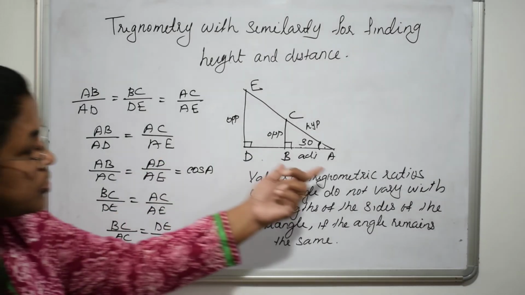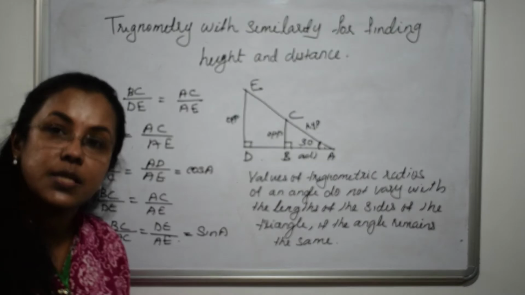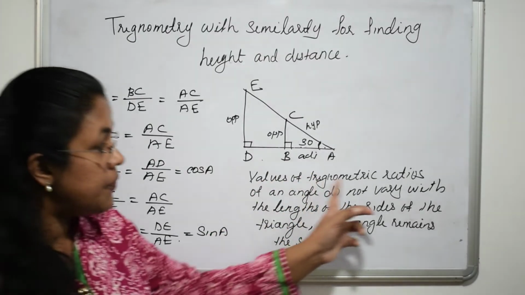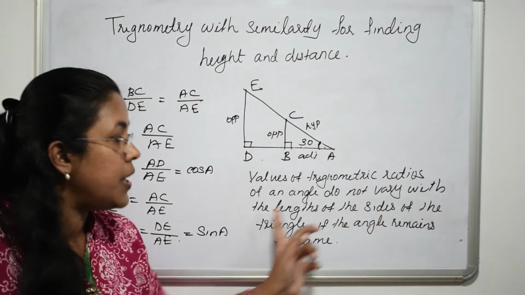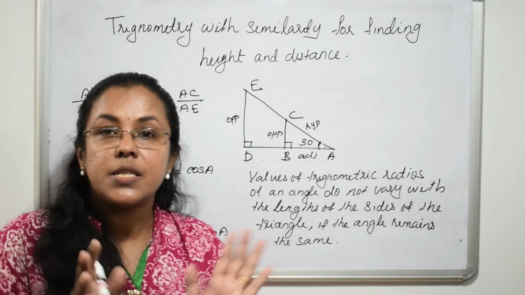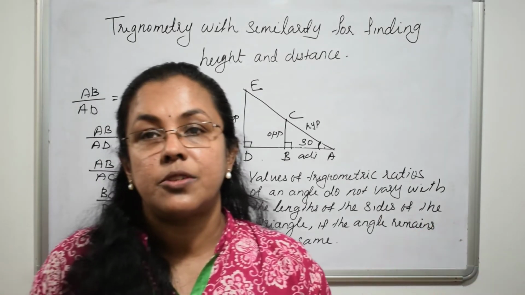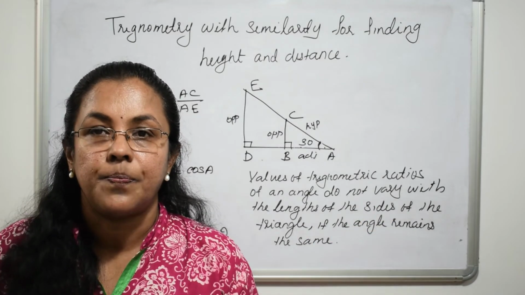The value of sin 30 is the same. So, the values of trigonometric ratios of an angle do not vary with the lengths of the sides of the triangle. Clear?